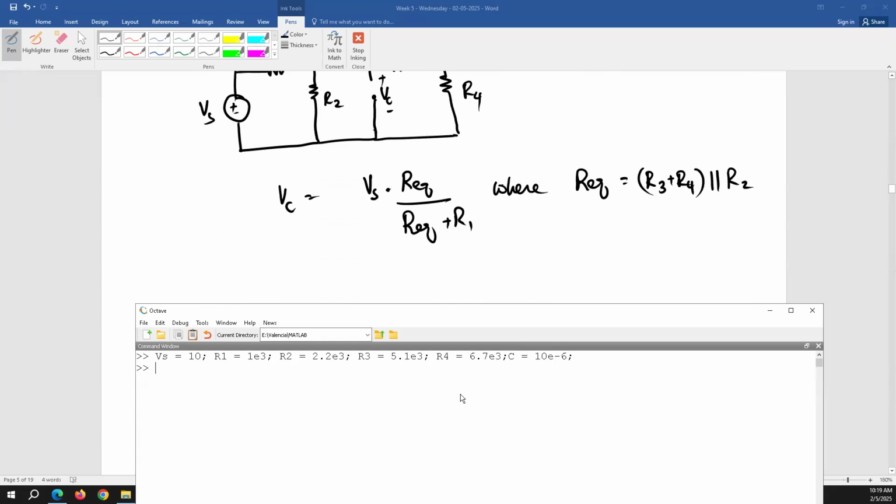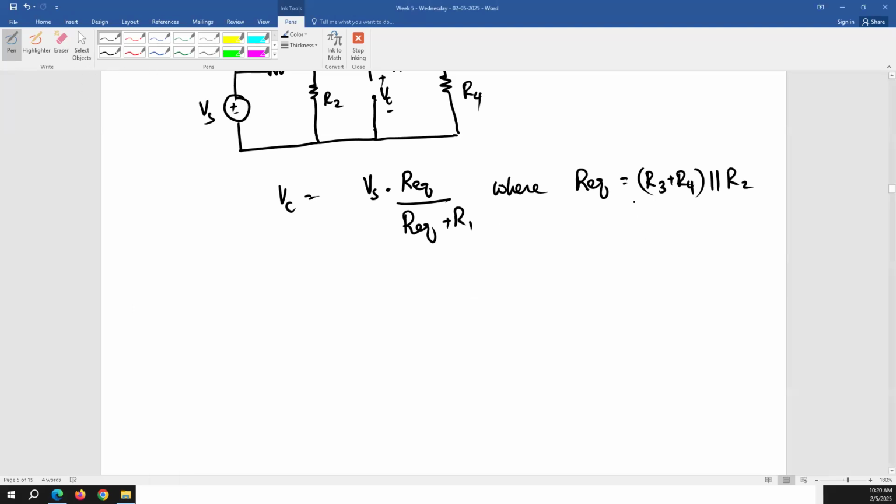These are all the values. And then I have R equivalent, which is the parallel combination of R3 plus R4 and R2. So R equivalent is 1854.3 ohms, or 1.85 kilo ohms.